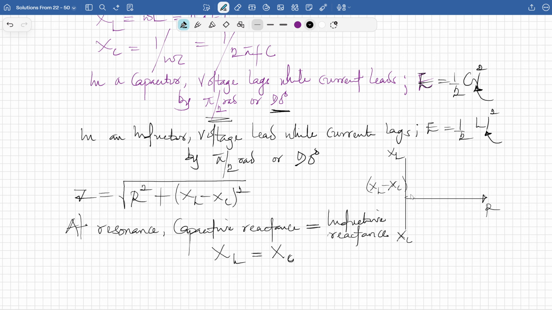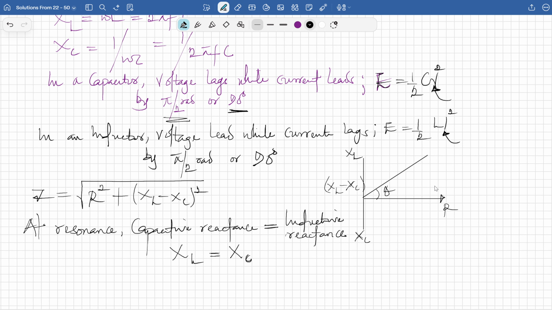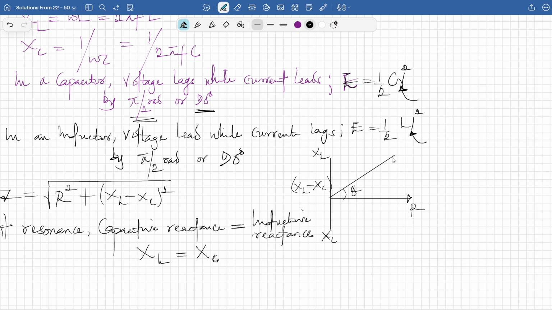So a line drawn out here goes up there, and then here you have the angle. So there you have the angle. If you trace this down here, you're gonna have this side also to be equivalent to XL minus XC, right? Yes.